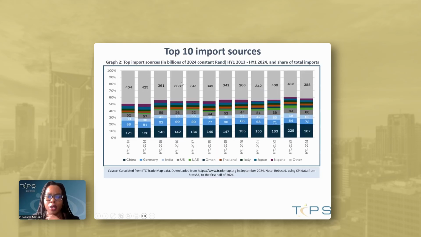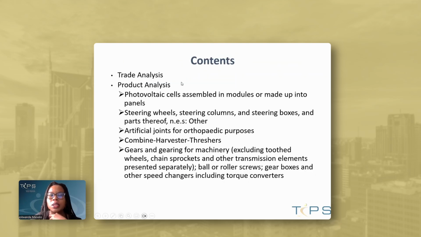Before I move on, in terms of the product analysis, what we're trying to do here is look at products for which there are high imports, and then figure out if there's any possibility for local manufacturing. We do so by looking at factors such as the value of quarterly imports.